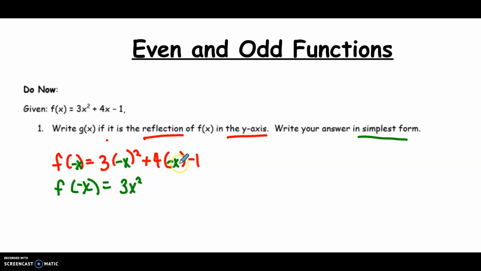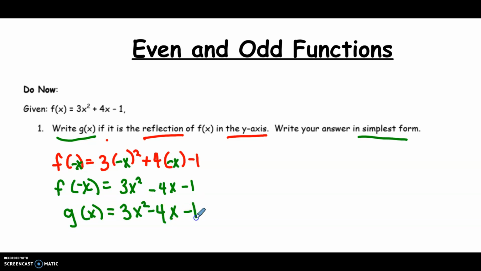And this is 4 times negative x, which is negative 4x minus 1. And last but not least, they told me to name this new reflection over the y-axis the function g of x. So g of x is equal to 3x squared minus 4x minus 1.